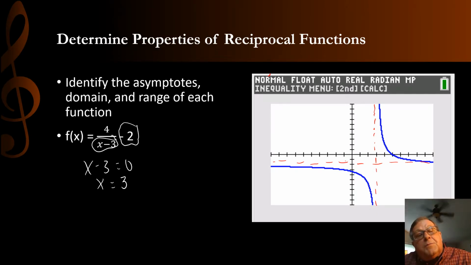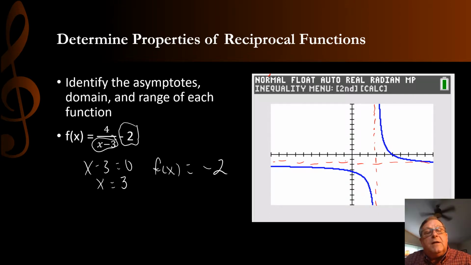If we're just identifying the asymptote, we might say y, or f of x, equals negative 2. We've got a horizontal asymptote at negative 2. We can see that graphically, and then we can look at the equation to determine that that is in fact true.